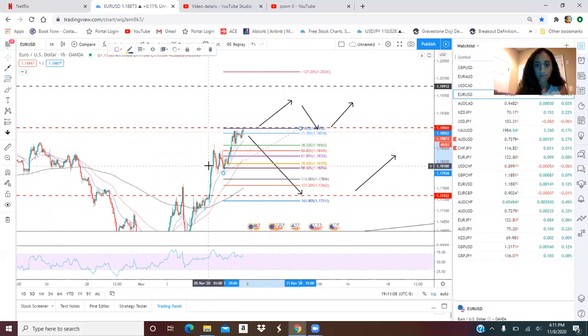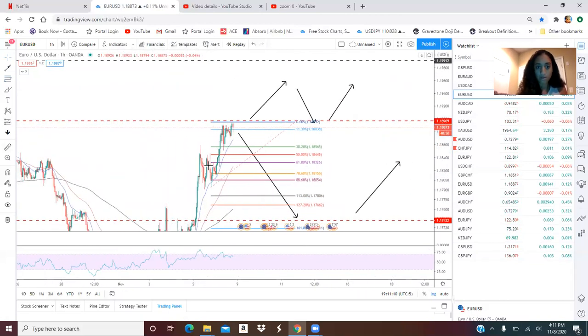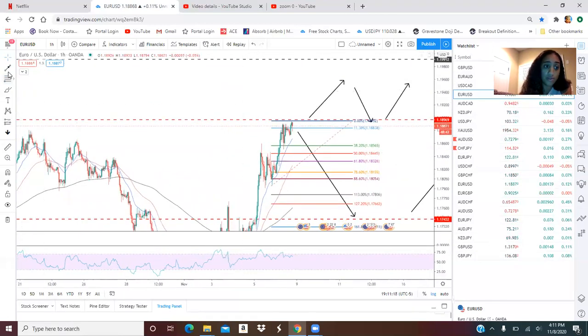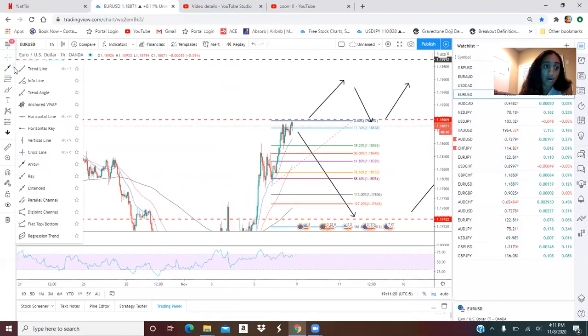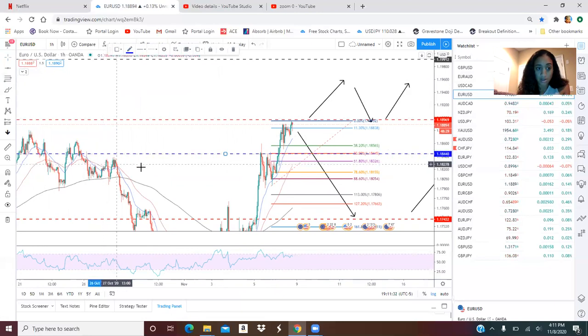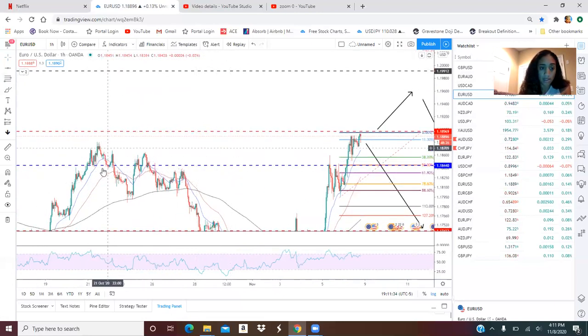So if price does react off of this zone and pushes back down, we can always look for a buy opportunity off of this 50% zone. Let's make this blue. The 50% zone is very interesting because, as we can see, it's been holding up in the past as support.